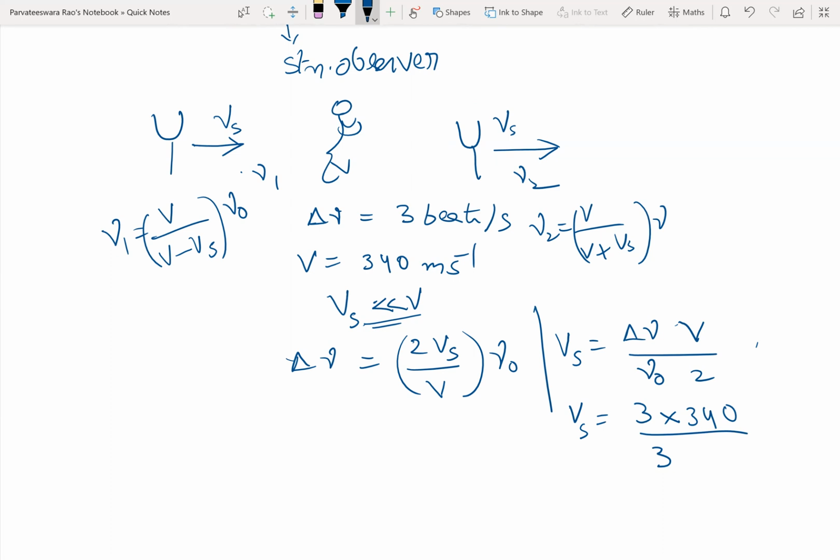What is nu naught? 340, into 2. So it's just 1.5 meters second inverse. Same thing they can ask even with the redshift.